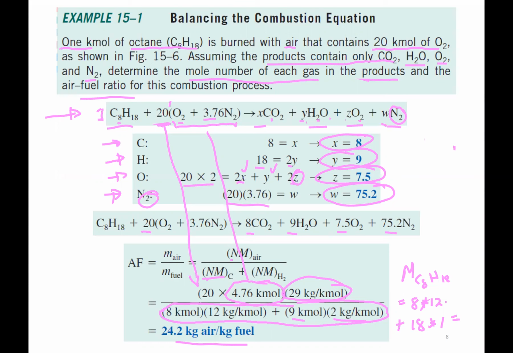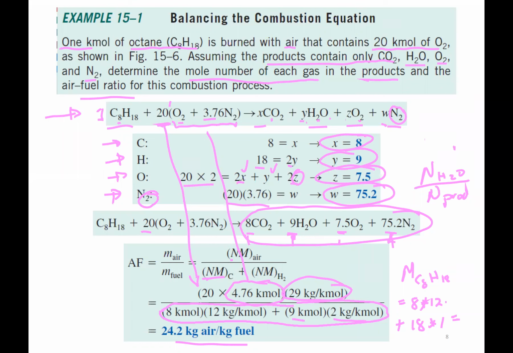The other thing I wanted to mention with this problem is you see all these moles in front of these. If we sum all these moles, that would be the total number of moles of this mixture right here, right? So if we sum this, that's the number of moles in the products. If we took the number of moles of H2O over the number of moles of the products, that would be the mole fraction of water, okay?